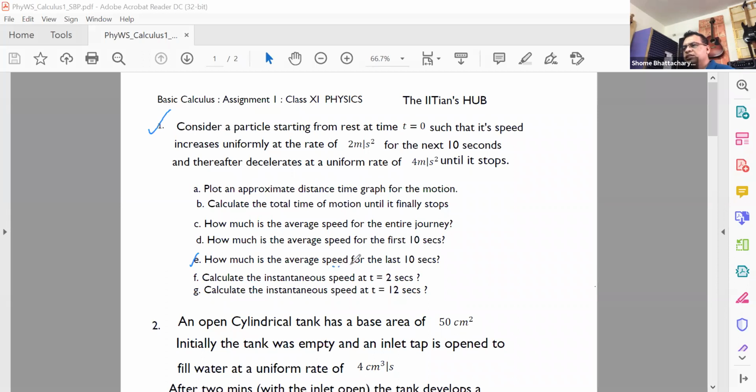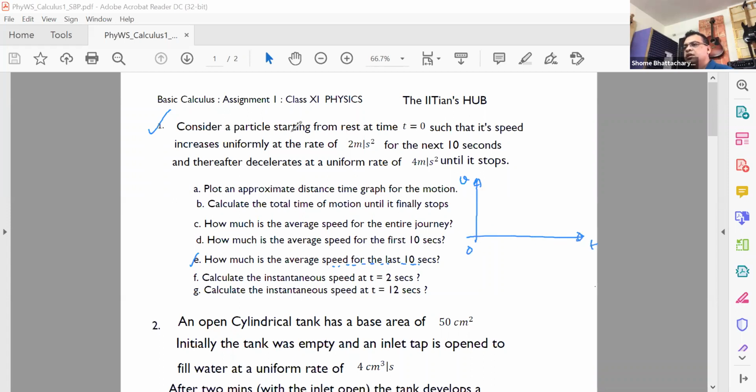Average speed in the last 10 seconds. Okay. So best way to understand this was to first understand it in terms of graph of speed versus time. What was happening in the graph was that the motion was starting from rest at time t equal to 0.